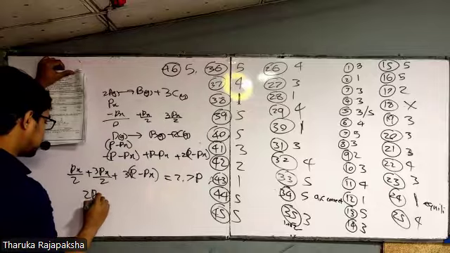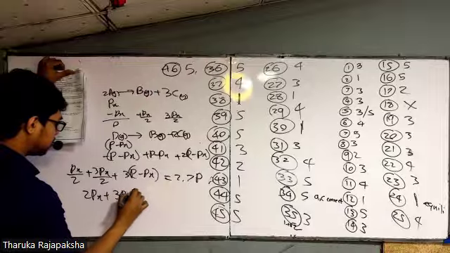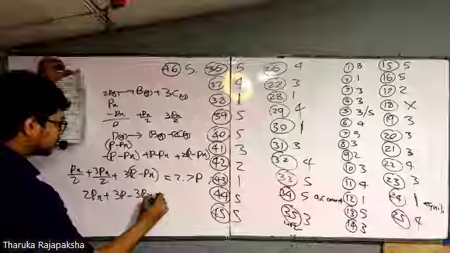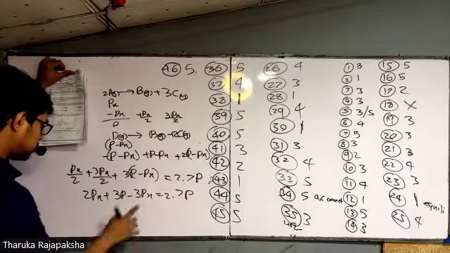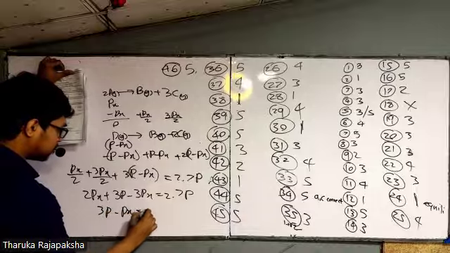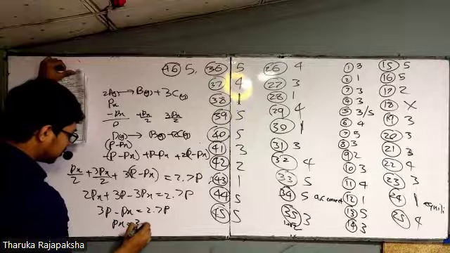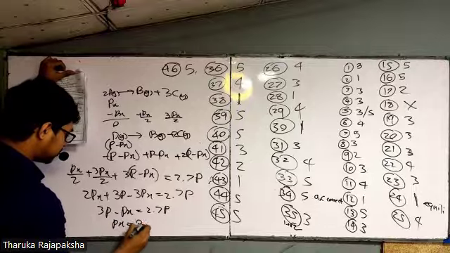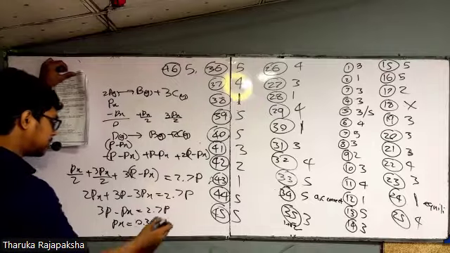So 2Px plus 3P minus 3Px. Now only are you getting an answer, right? This one will be 3P minus Px, which will be 2.7P. Now okay, Px is equal to 0.3P.